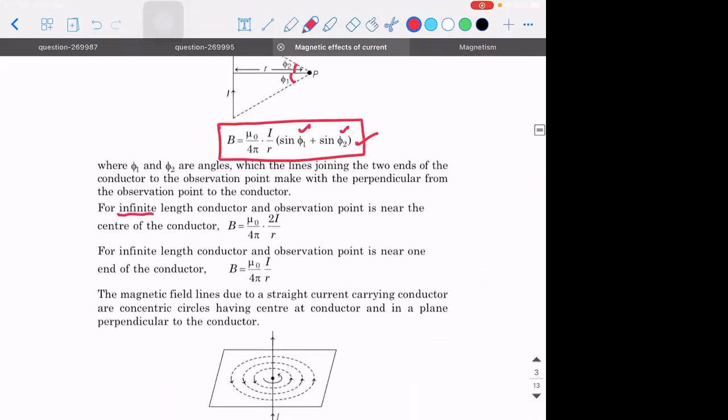So for an infinite length conductor, it is mu naught divided by 4 pi into 2I divided by r, or this can also be written as mu naught I divided by 2 pi r. So remember this, okay? For an infinite length conductor, it is mu naught I divided by 2 pi r.